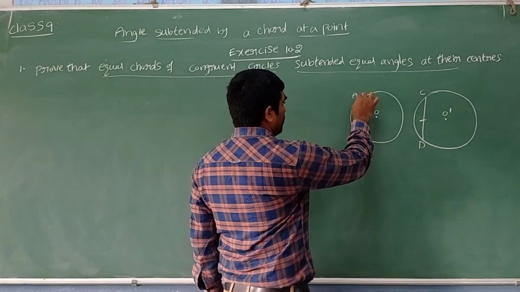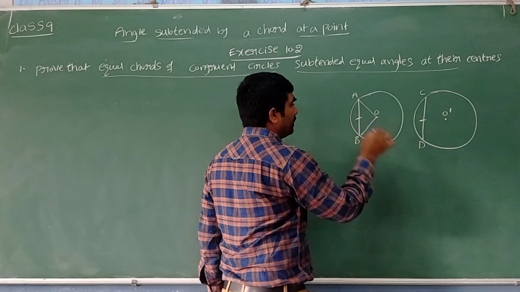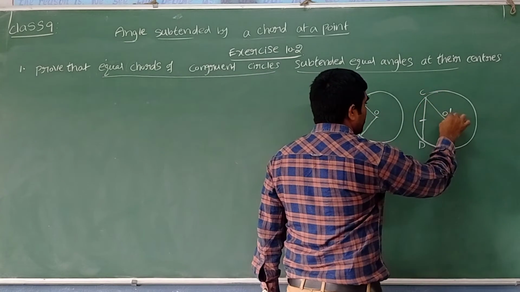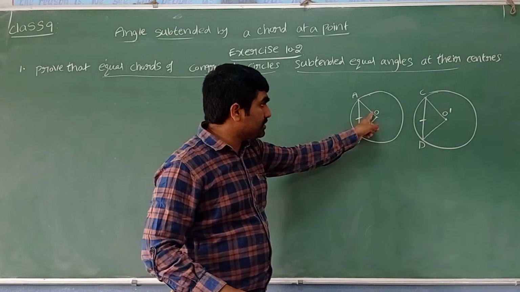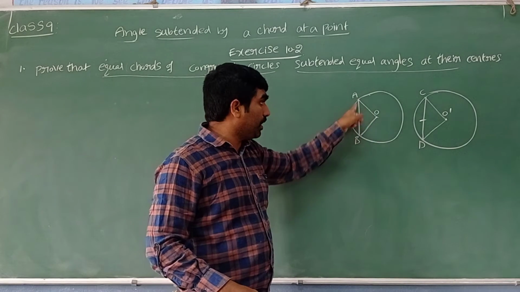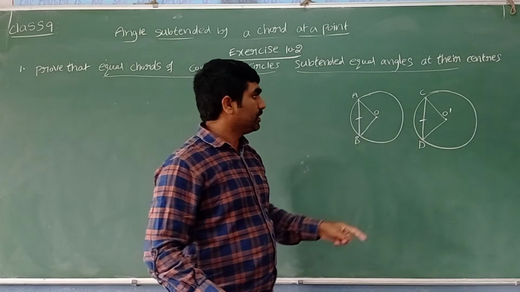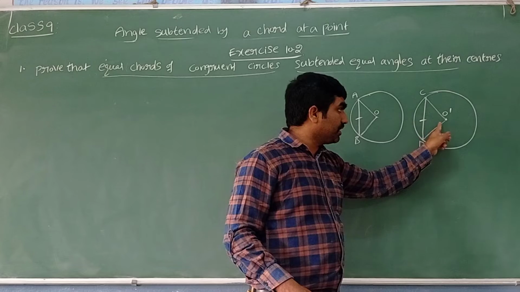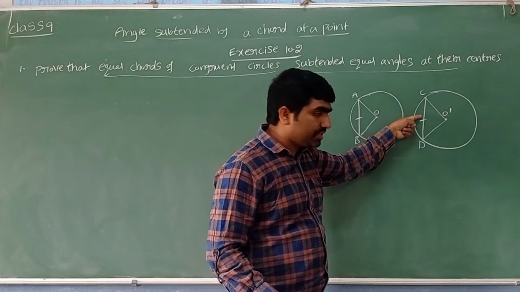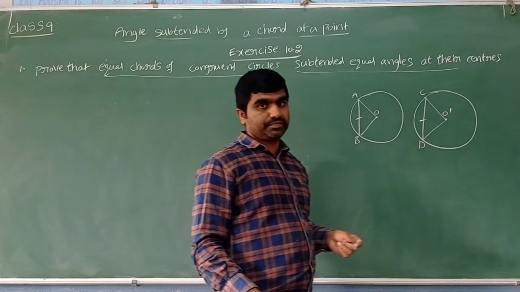Now let me join AO and OB, and join CO dash and O dash D. Angle AOB is the angle subtended by the curve AB at point O, and angle CO dash D is the angle subtended by CD at point O dash.